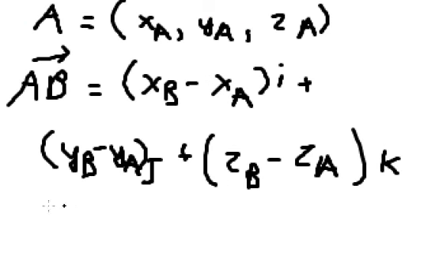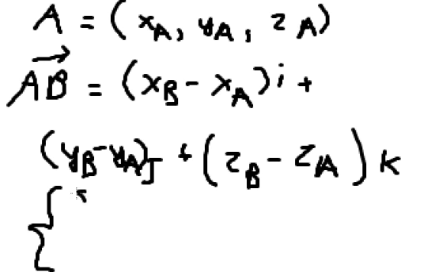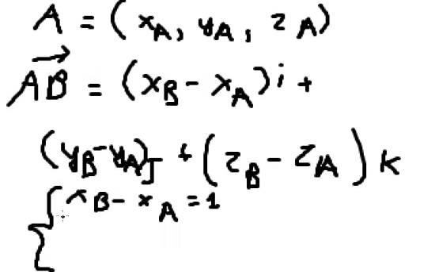So we can create the system of equations. So xB minus xA equals i. This is about number 1. So we have xB minus xA equals number 1. yB minus yA, we have 7.